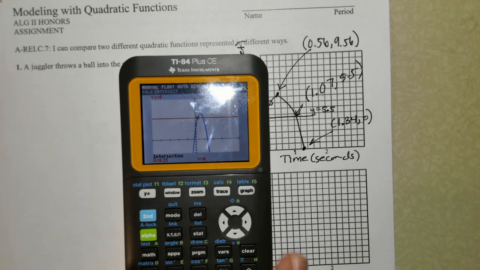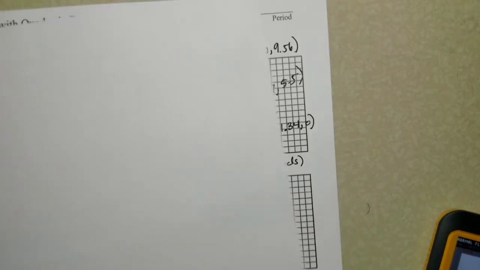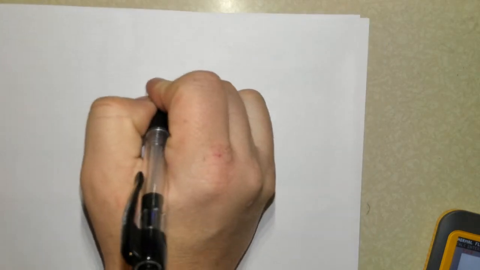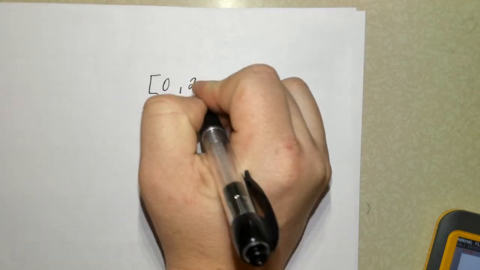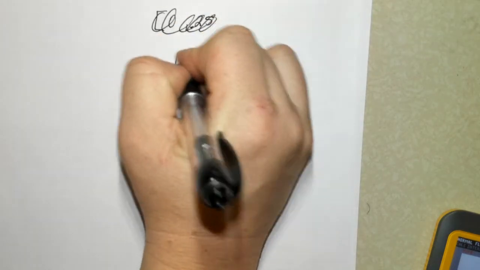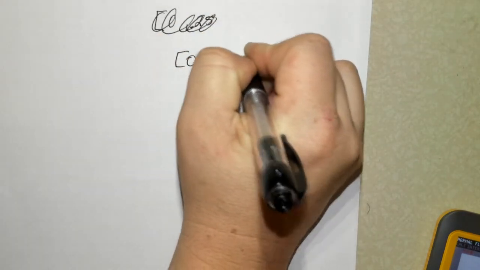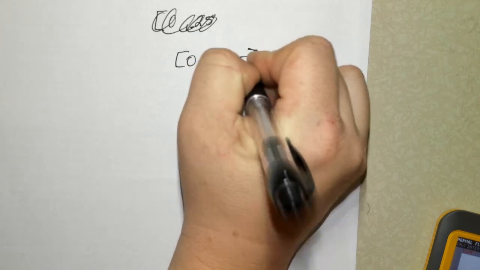Okay, next one here is we're going to do rate of change. Please write down this interval. I want to know the rate of change over the interval from 0 to 0.25.